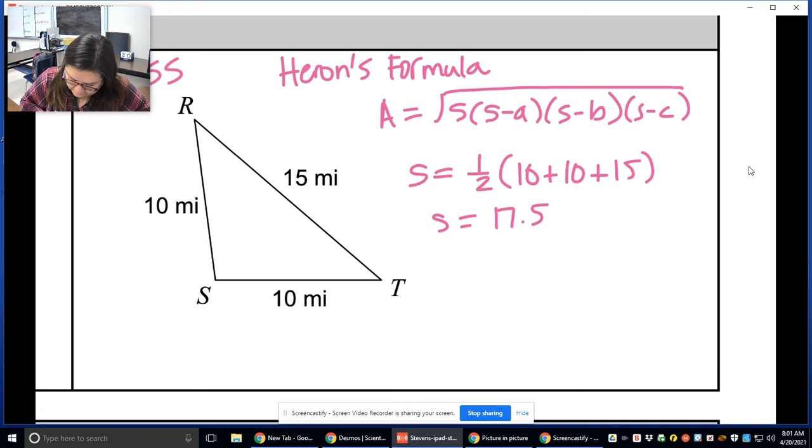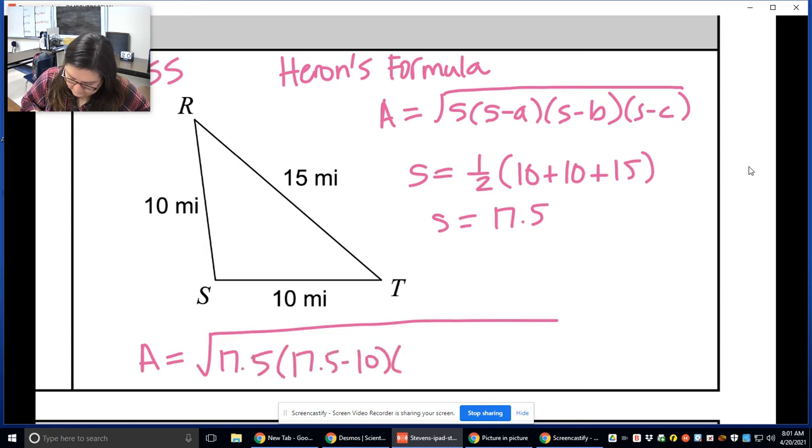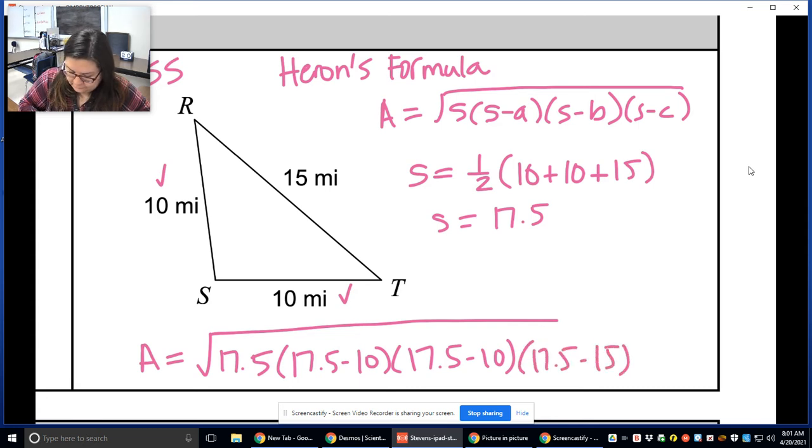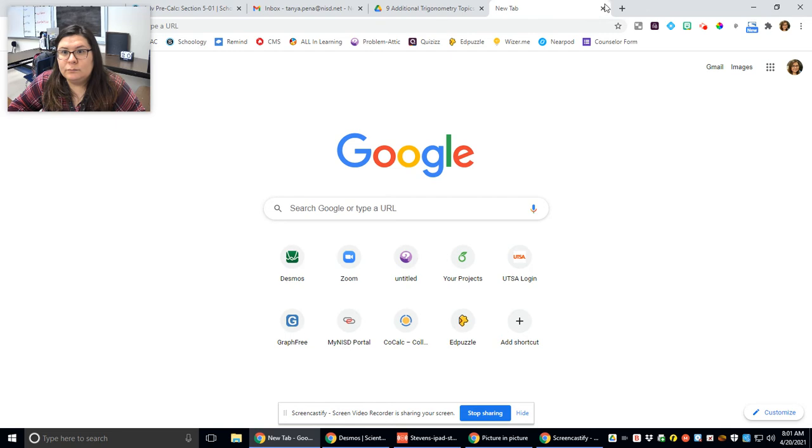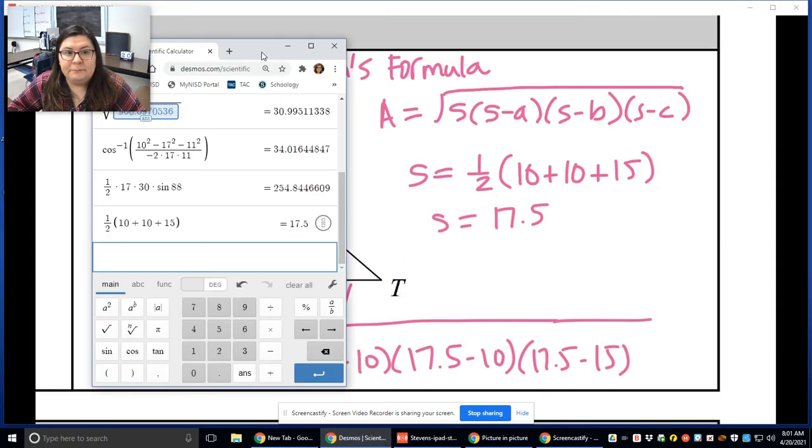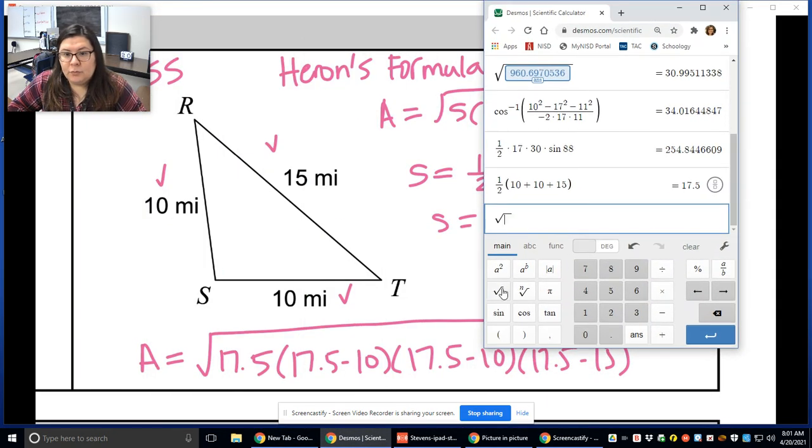So area, I'm going to write this on the bottom because I think I need the space, is 17.5 times 17.5 minus 10. That's this side. 17.5 minus 10 again, so that's for the bottom side. And 17.5 minus 15. That's for this side here. So that whole entire thing needs to go into the calculator. This one. All right. Square root 17.5.